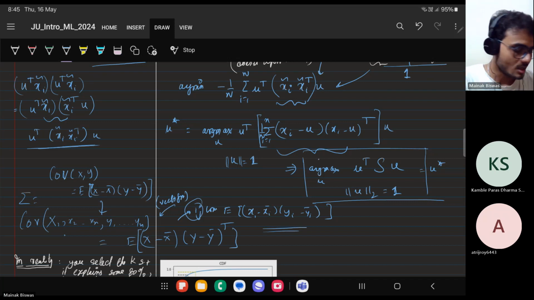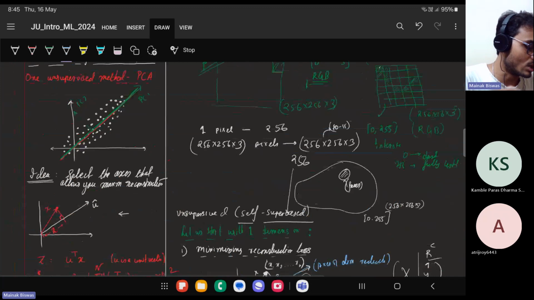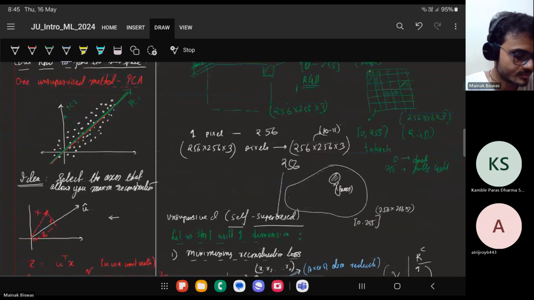Yes. There is another view of this problem. Very nice view. You can directly tell me from this figure only what should be the view of this? Once you project the data, what should you maximize of the projected data? I saw that reconstruction error is working. What should you maximize for the projected data?